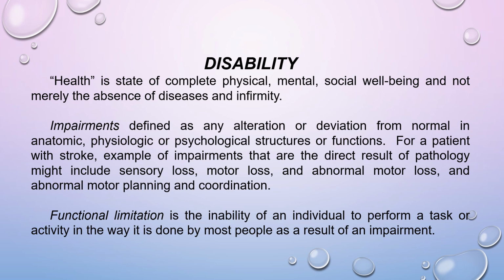For a patient with stroke, examples of impairments that are an indirect result of pathology might include sensory loss, okay, mabubulag po siya, or the person will become deaf, mabingi po siya, or wala po siyang sense of taste or sense of smell. And abnormal motor loss and abnormal motor planning and coordination.